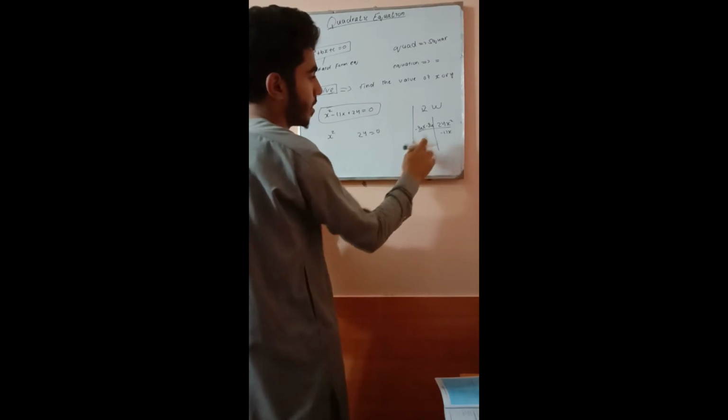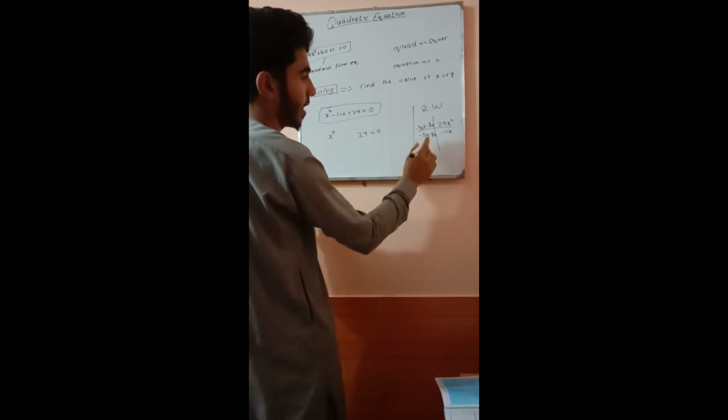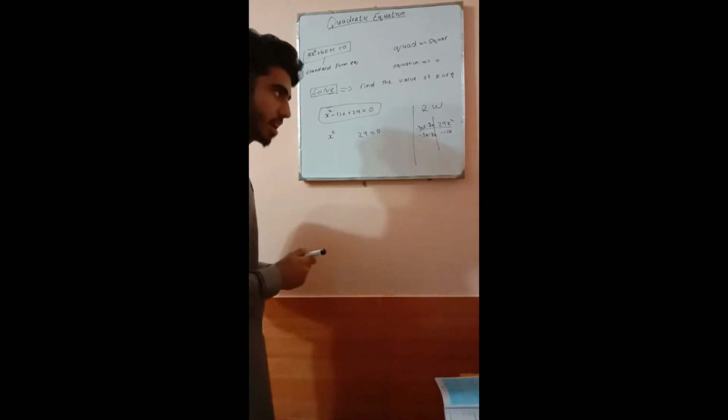So minus 3x minus 8x is equal to minus 11x.